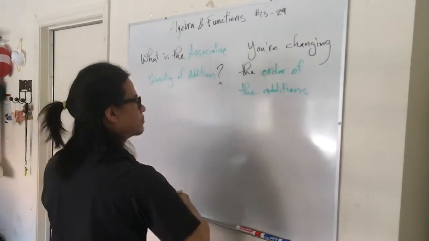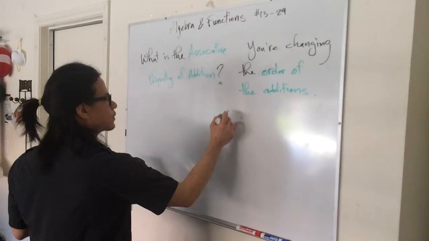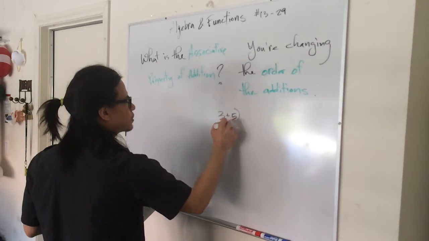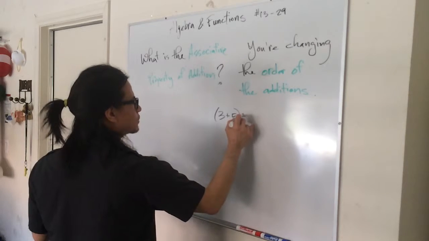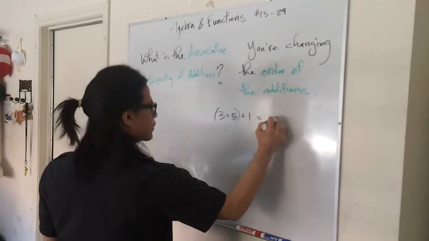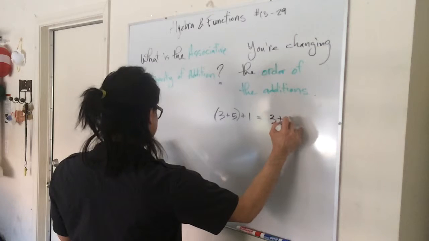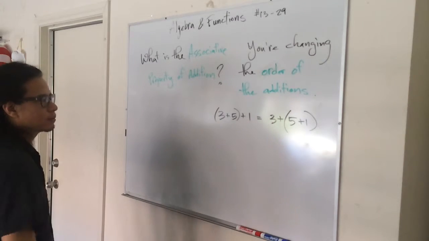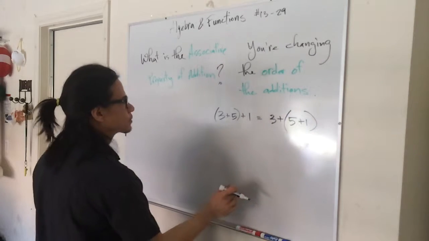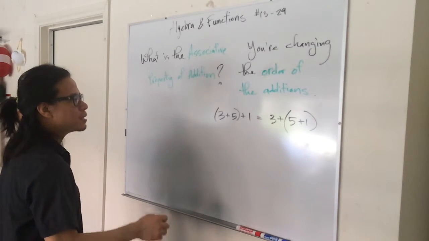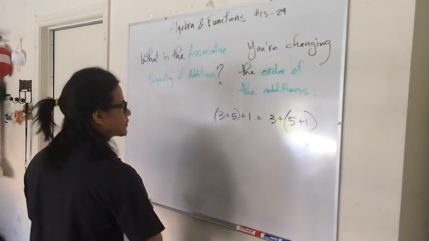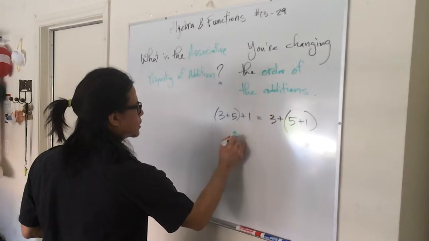Let's look at some examples. So if you have 3 plus 5 in parentheses plus 1 equals 3 plus 5 plus 1, but this time we're moving the parentheses, shifting it to the right. Okay, so let's see what we end up with here. If you take 3 plus 5, you get 8, right?